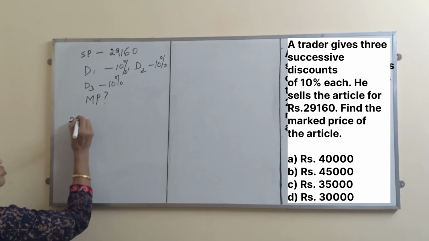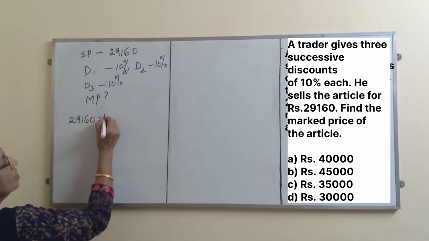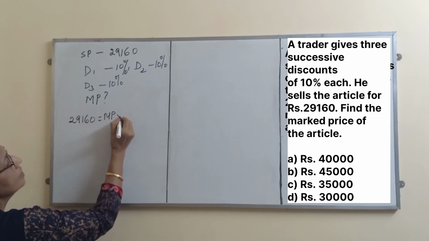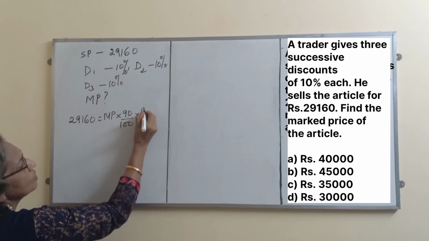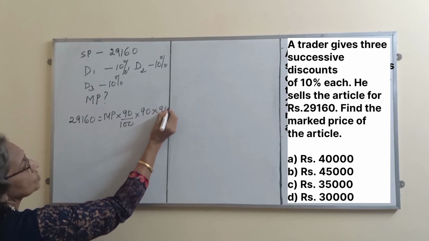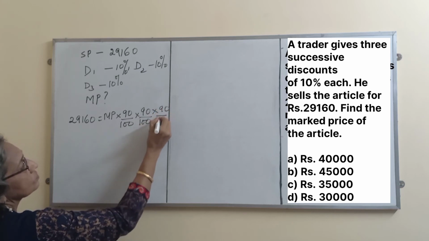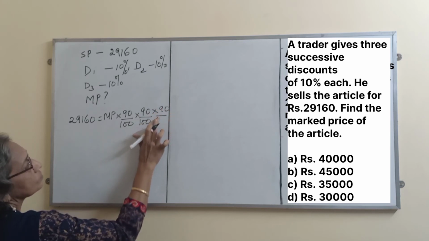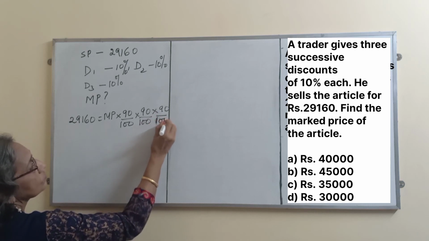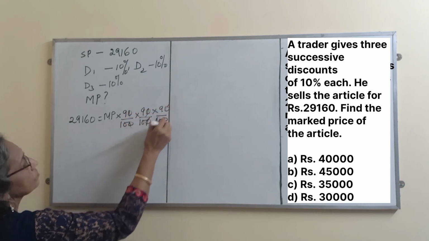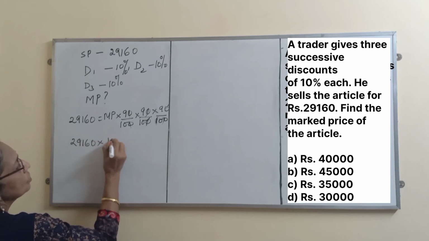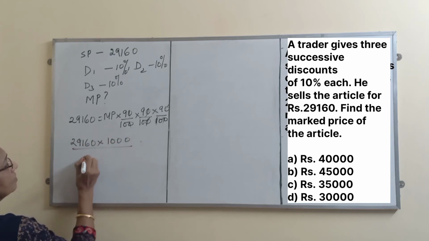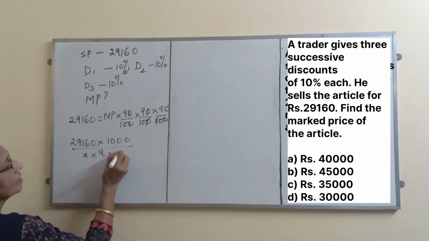The SP is 29160. MP you need to find, into each of them would have been 90 upon 100 because there are 3 successive discounts. So 29160 into 1000 divided by 9 into 9 into 9.